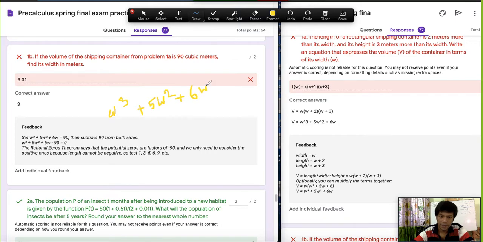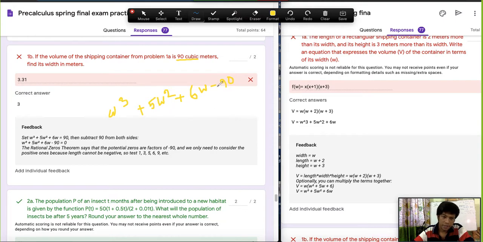They are giving us 90 cubic meters, so this equals 90. That means 90 comes to this side, so this will be our function, and we have to look for what value this function becomes 0.